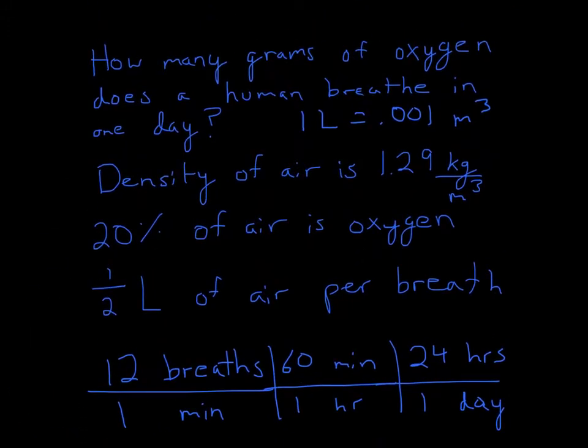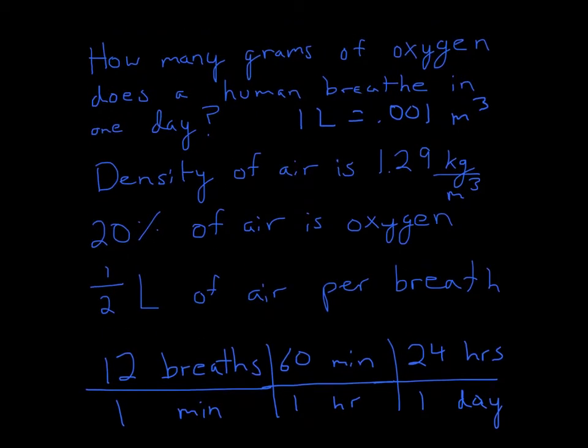So what we just found was not oxygen, because here it says 20% of air is oxygen. When we breathe, we're breathing in the entire air, not only oxygen. So what we just solved for is air, and we have to keep that in mind. So right now, we just converted to liters, right?